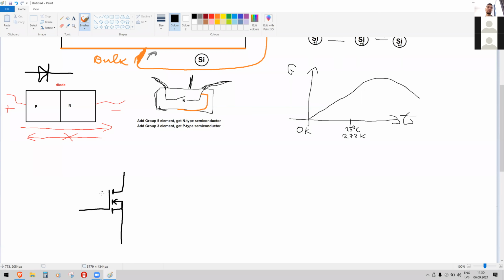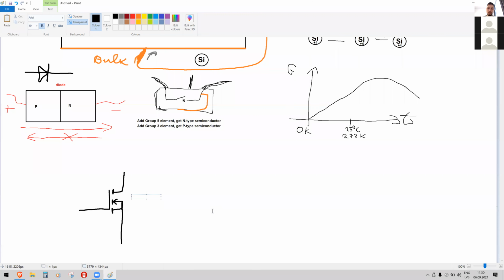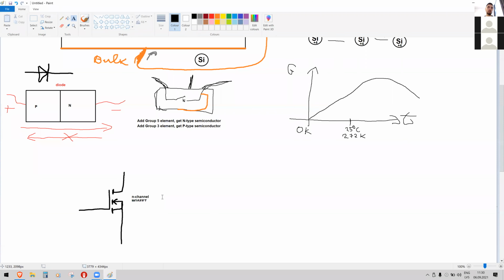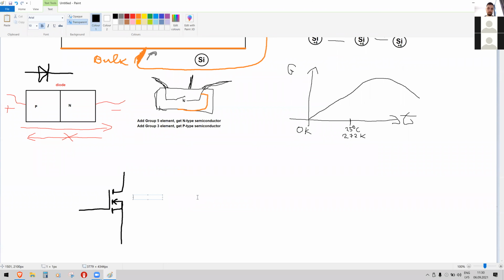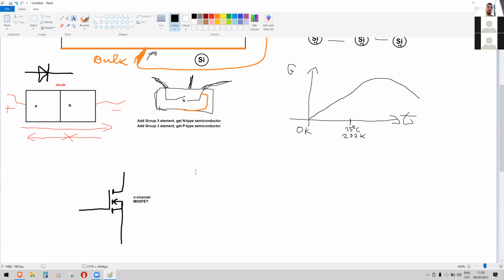So this is the schematic symbol of N channel MOSFET. And you could go online and buy them if you want. Okay, so this is how it's built.